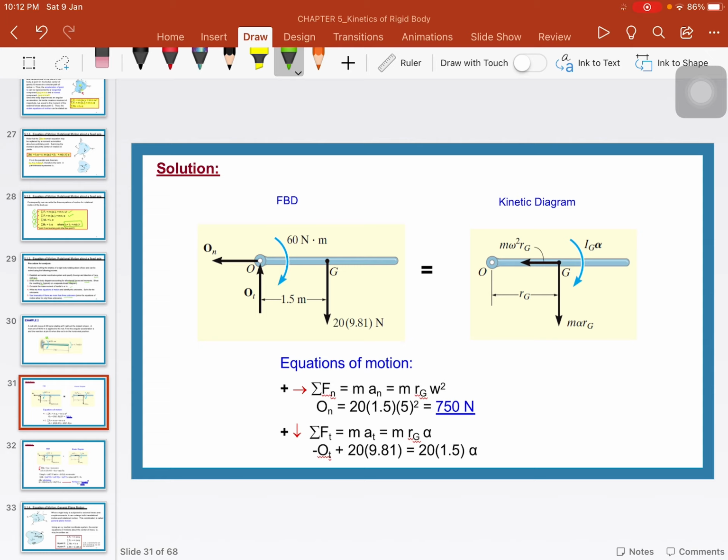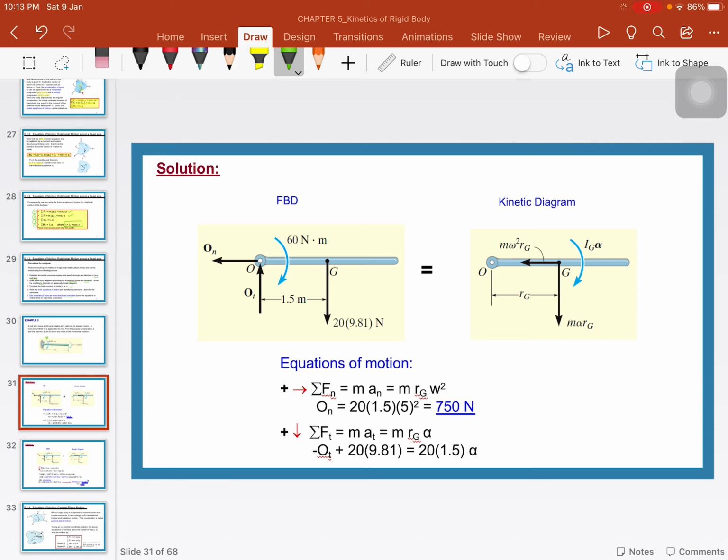Next we move to the solution. First, the free body diagram. Draw the free body diagram of the rod, and then at point O, label the directions OT and ON.